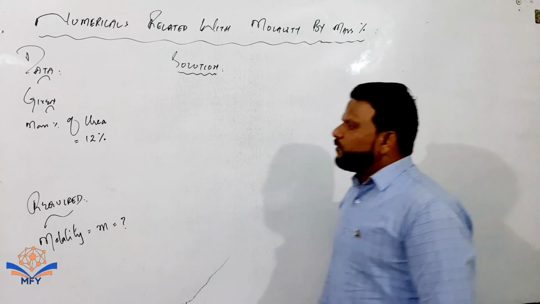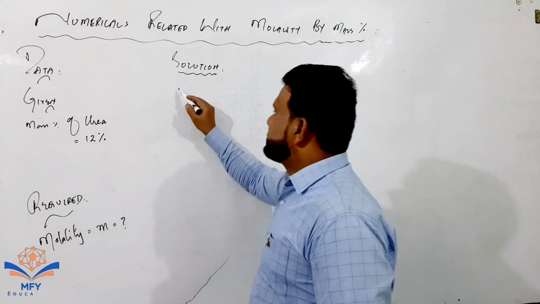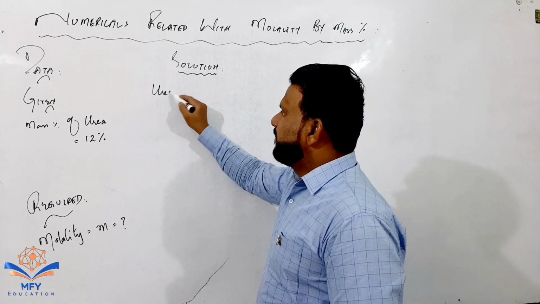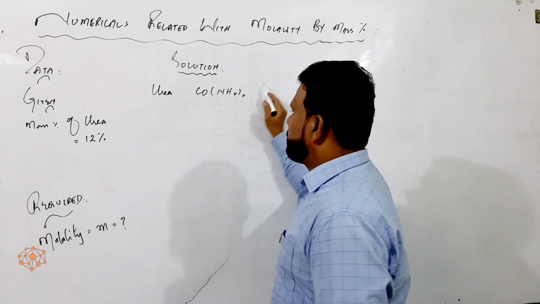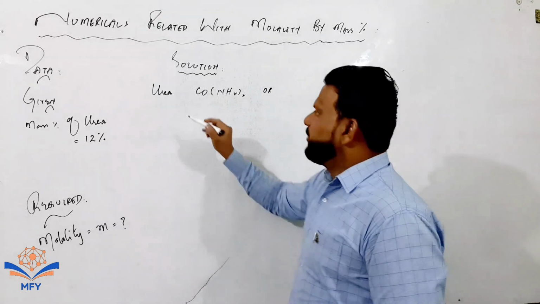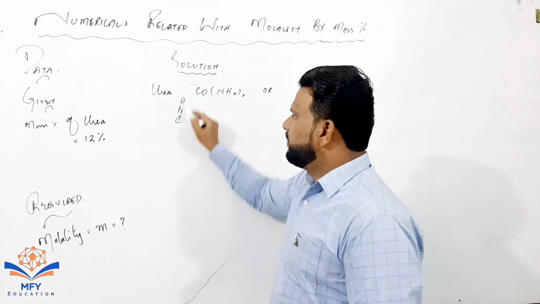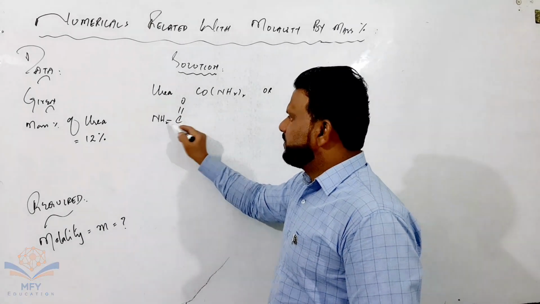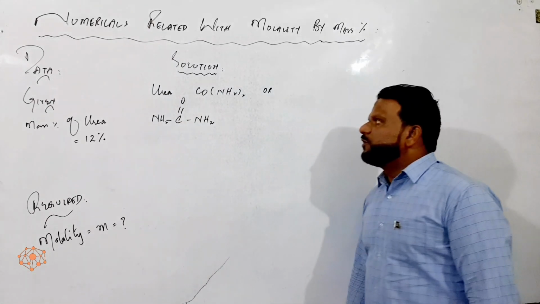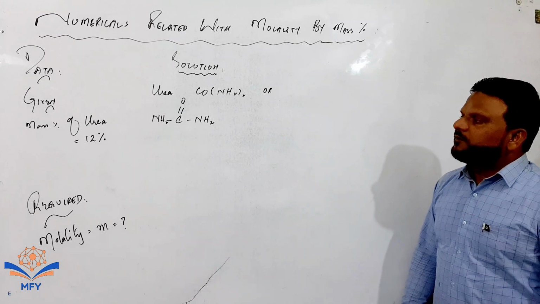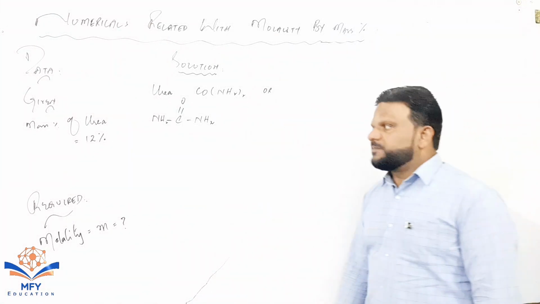The formula of urea is CONH2 twice, or we can write urea as CONH2NH2. We can use either formula of urea for calculation of molar mass.